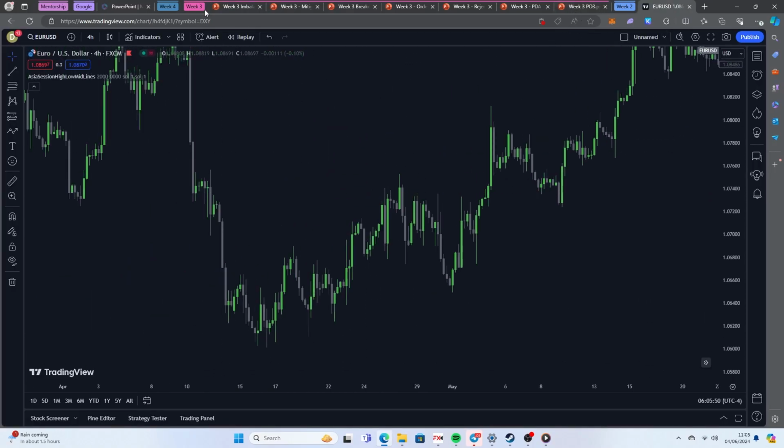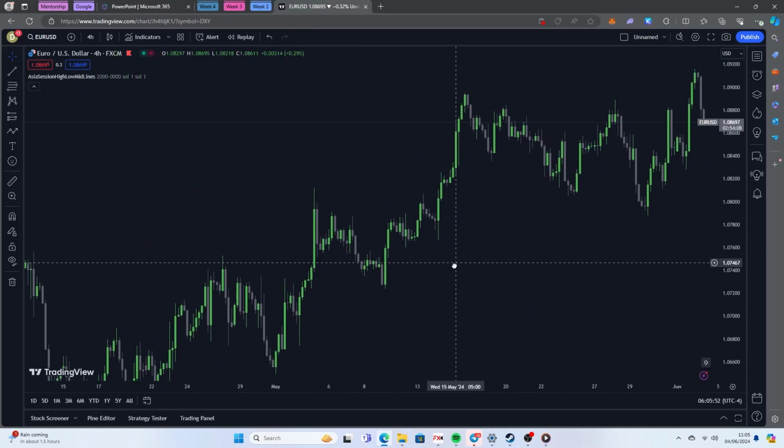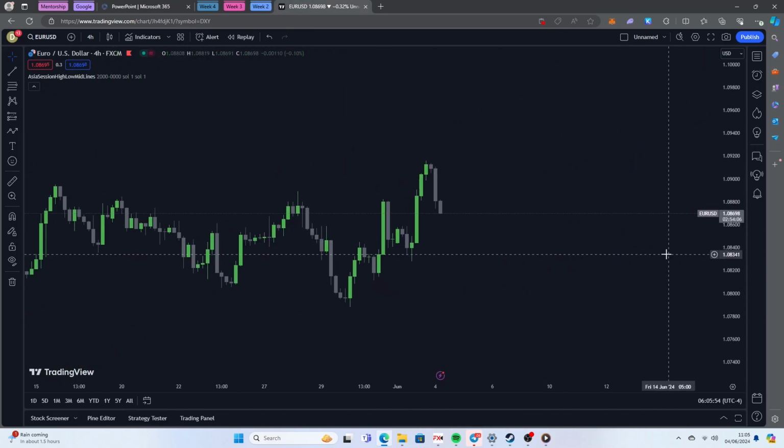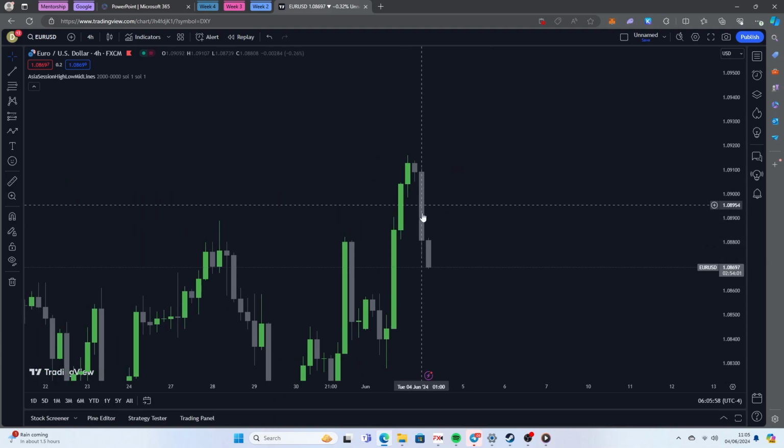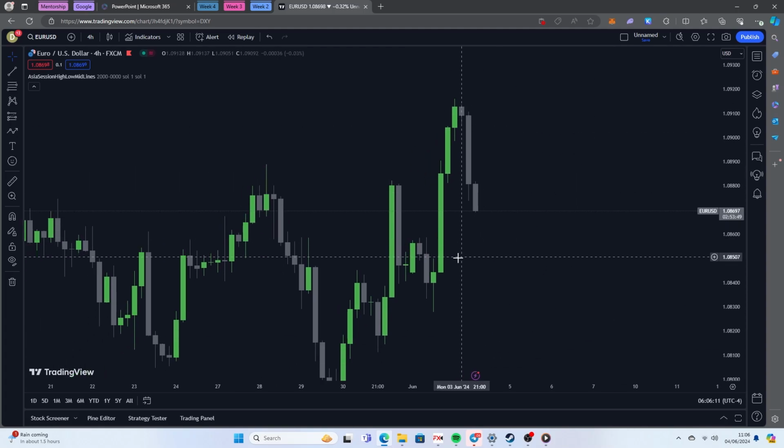So let's mark out a few. On the 4 hour, we have here, there's still 3 hours left of this candle. So is this a fair value gap? No, this is not a fair value gap.